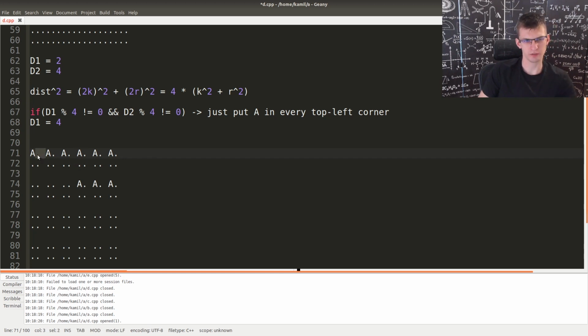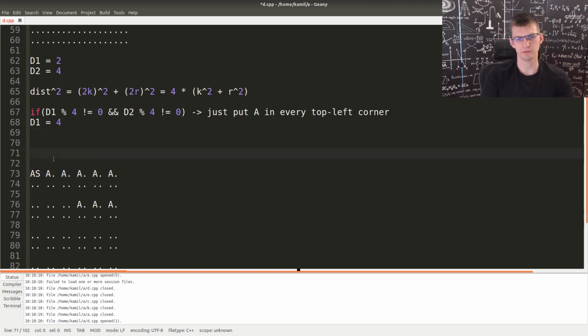Well, A over here in this position S would forbid, no, with a single D, I think we forbid a single cell. No, because there was that thing with vector 3, 4 and 4, 3. Both have the same distance.